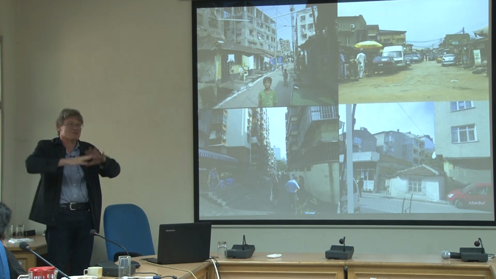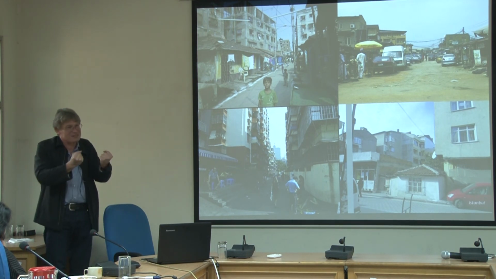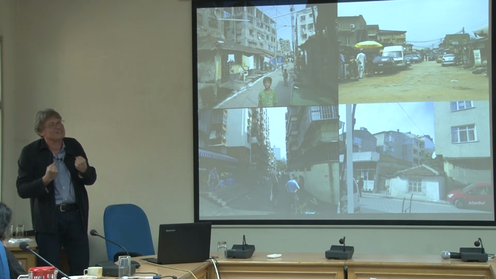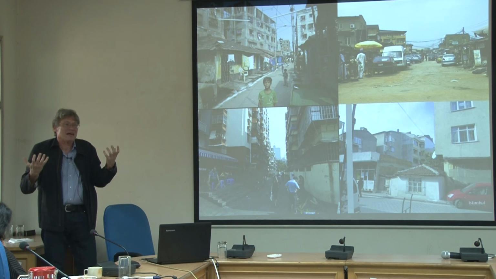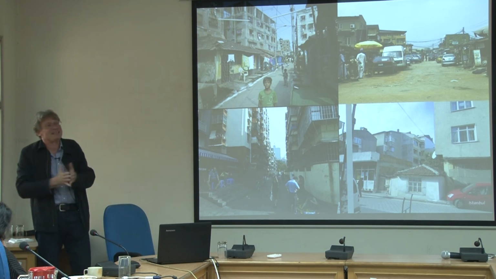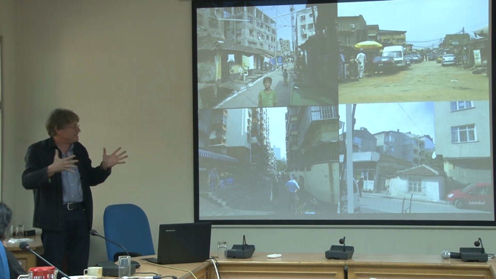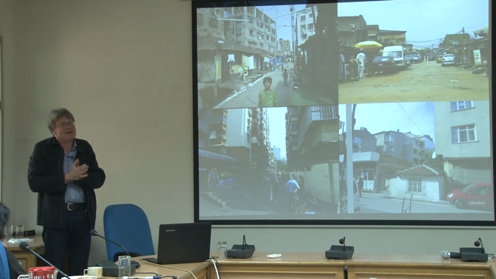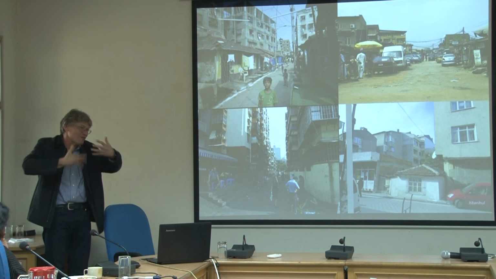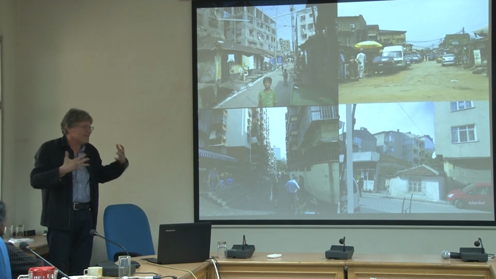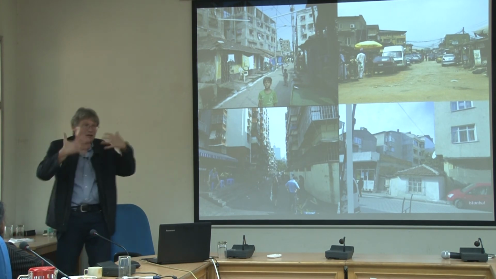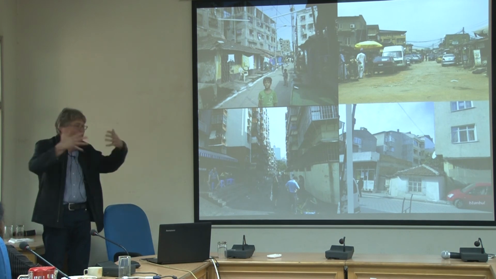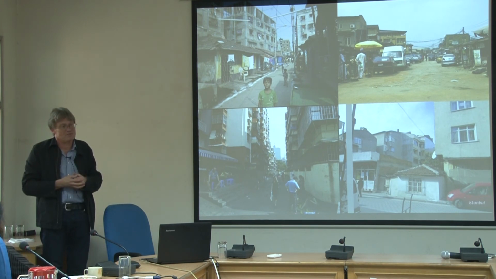So the city tried to take away the land from the villages, and the villages then, of course, defended their land by constructing new houses for immigrant people, and in that very turbulent process, they in fact produced a large part of the new city of Shenzhen.